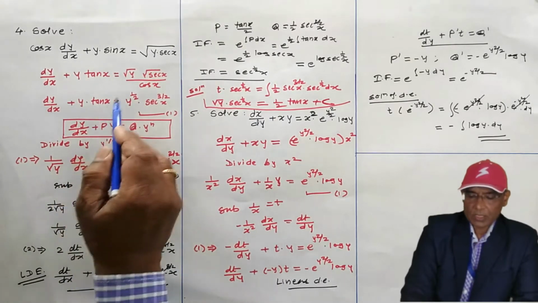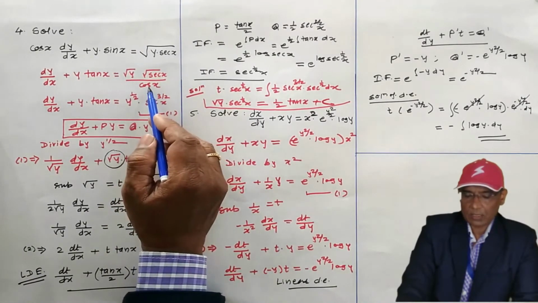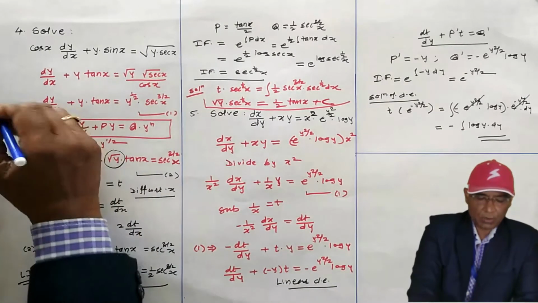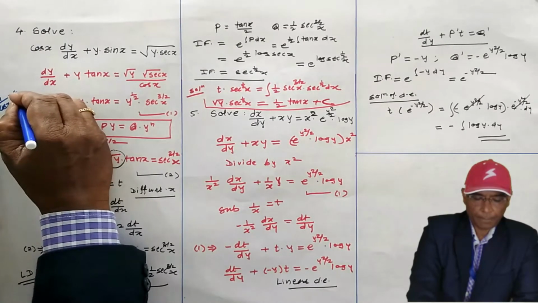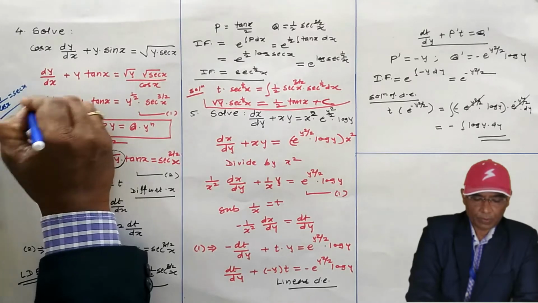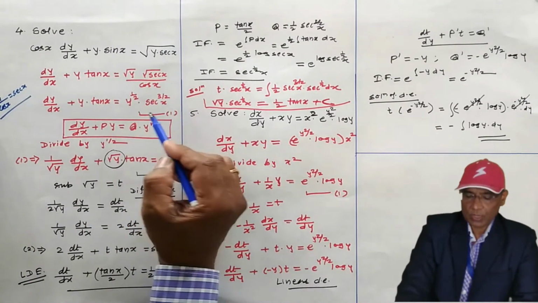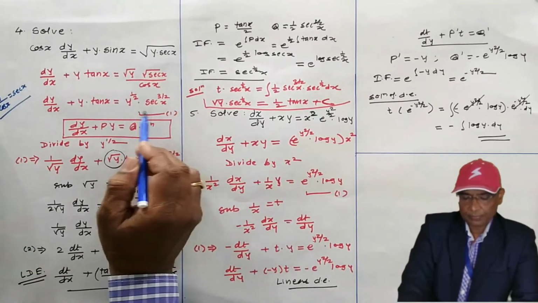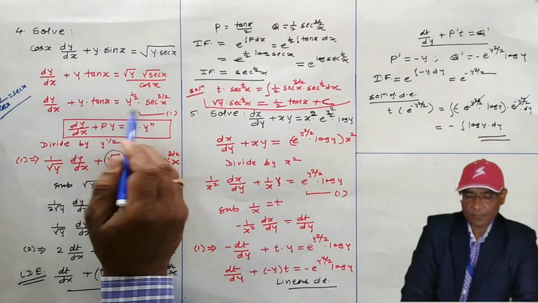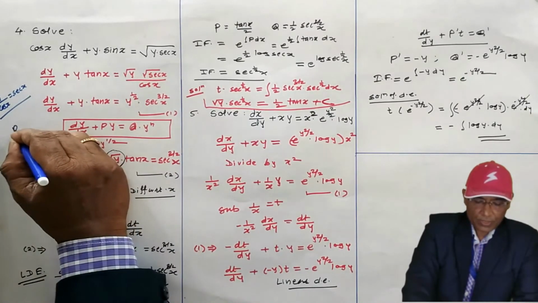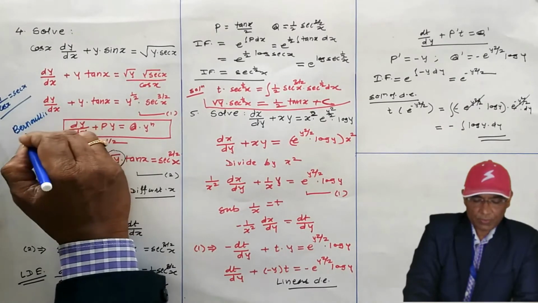Then this is as it is, y to the power 1 by 2 root sec x, and 1 by cos x is sec x. Then sec multiplied by sec raised to power 1 by 2 is sec raised to 3 by 2. Now this is Bernoulli's differential equation.